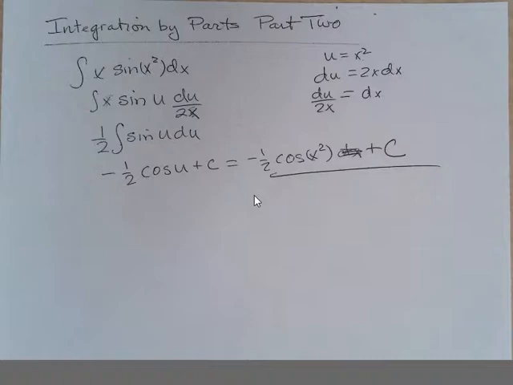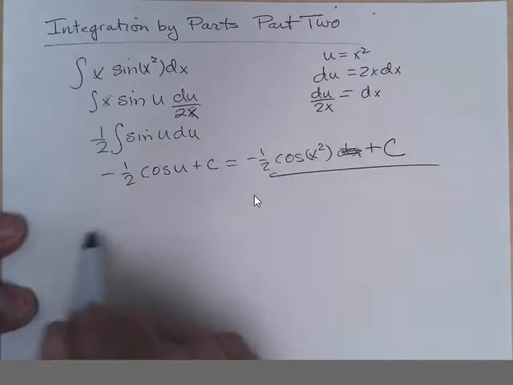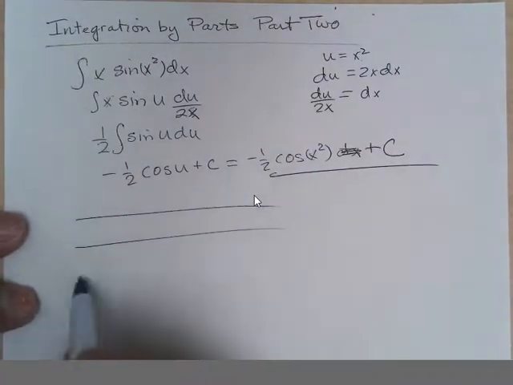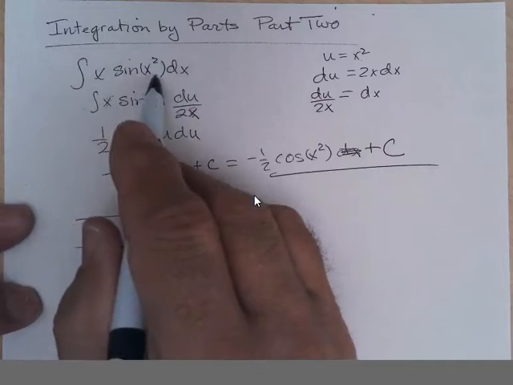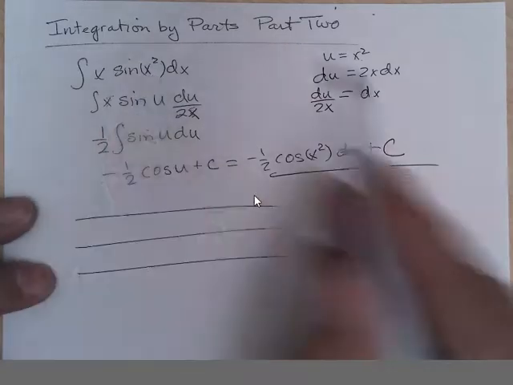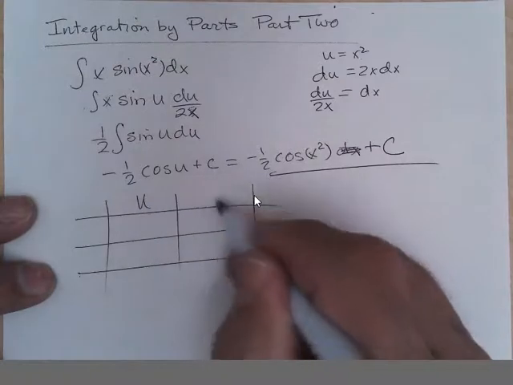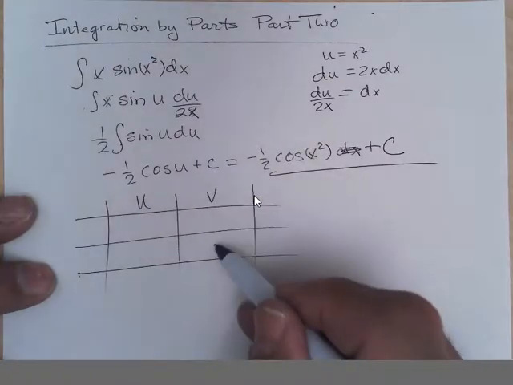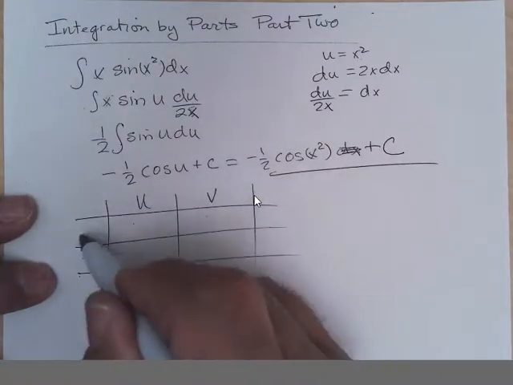Would it work for integration by parts? And by parts means that we're going to split this into something we're going to take the derivative of and something we're going to take the antiderivative of. We're going to take the antiderivative of this to get this, and we're going to take the derivative of this to get this.